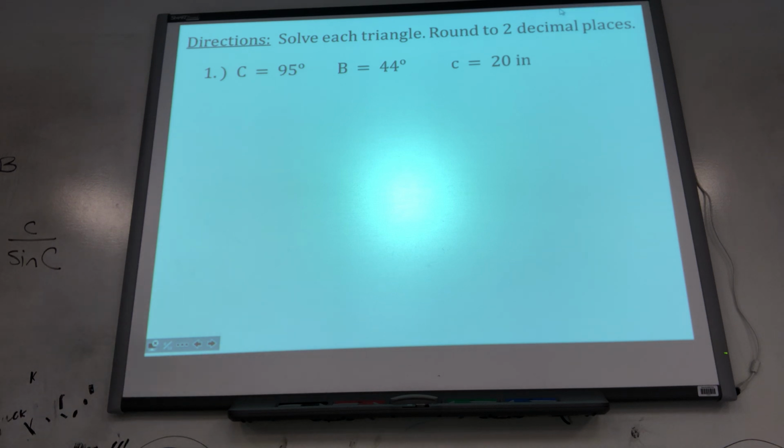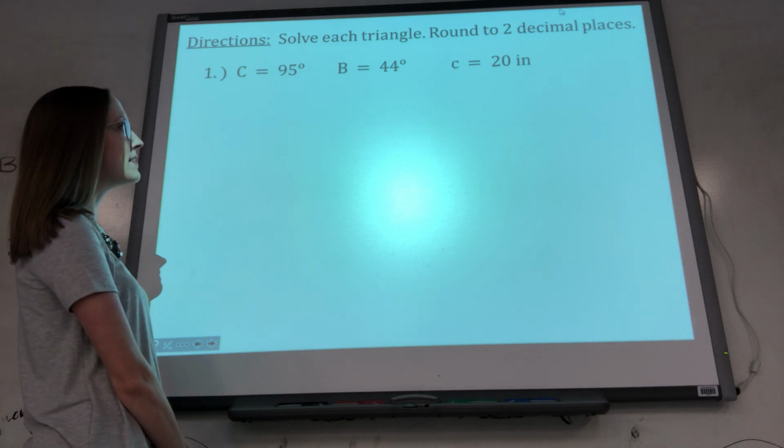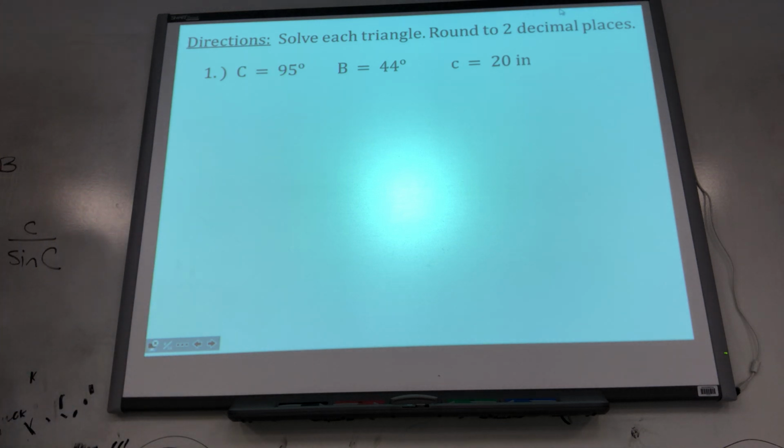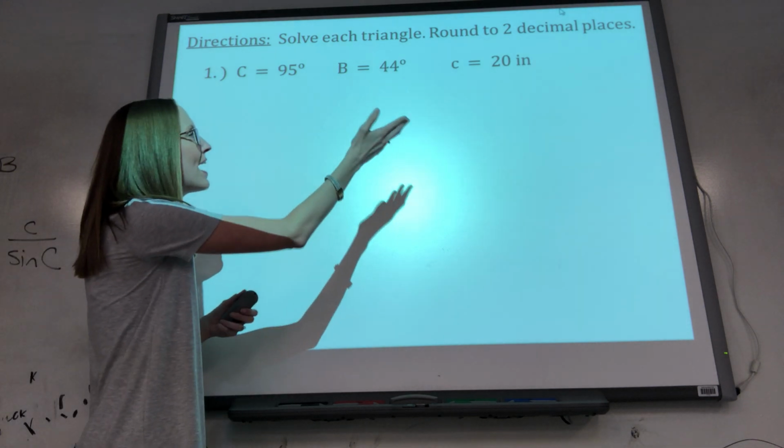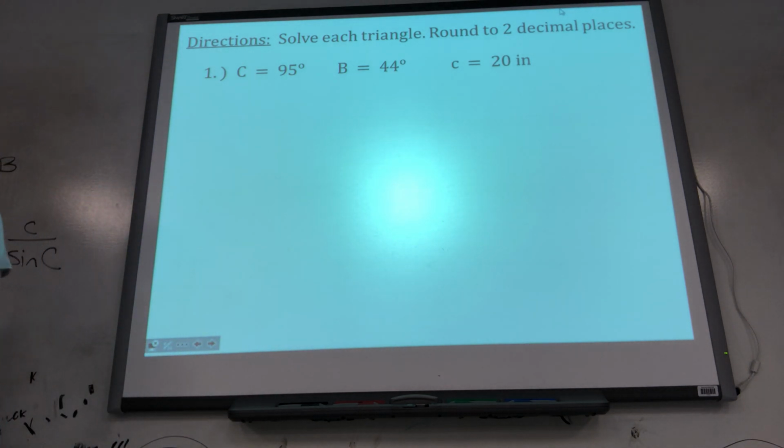Big B, so angle B, equals 44 degrees. And the only side that we know is side C, not the hypotenuse anymore because it's not a right triangle, but that we know is 20 inches.